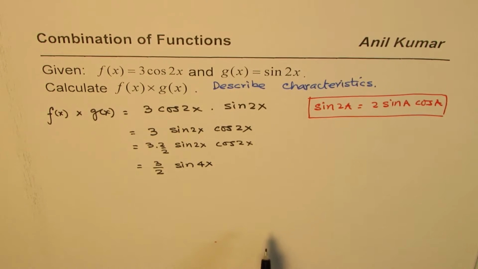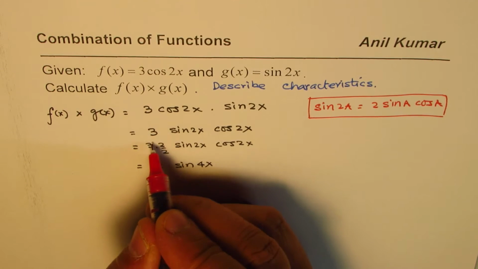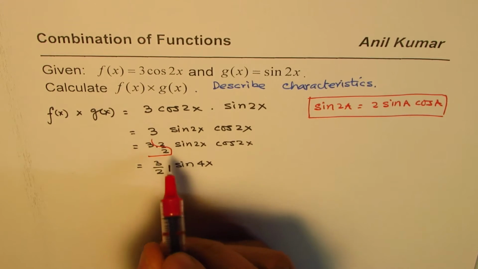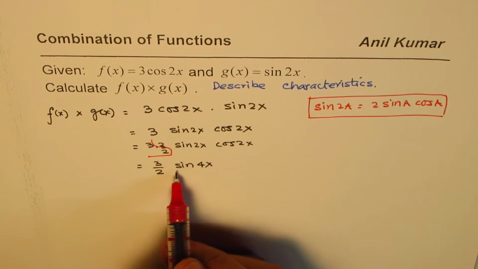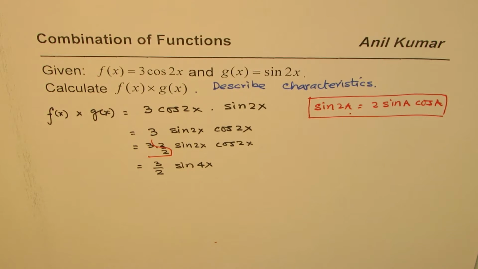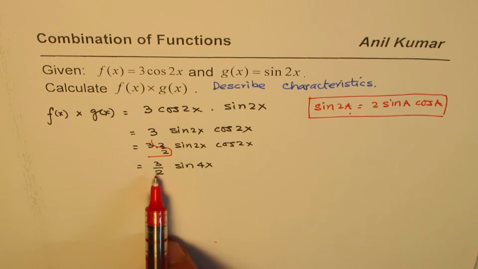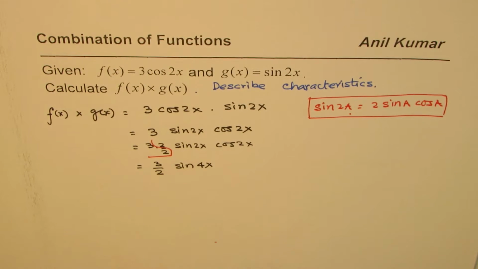You get an idea, right? So what we did here was we combined 2 sine 2x cos 2x, making it sine 4x using this formula. So what you get is 3 over 2 sine 4x. So that is the function which you get as the product.